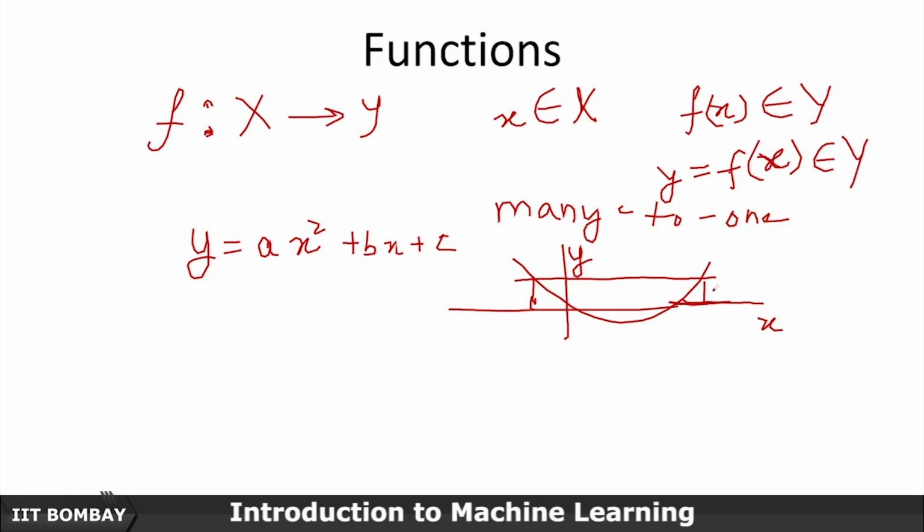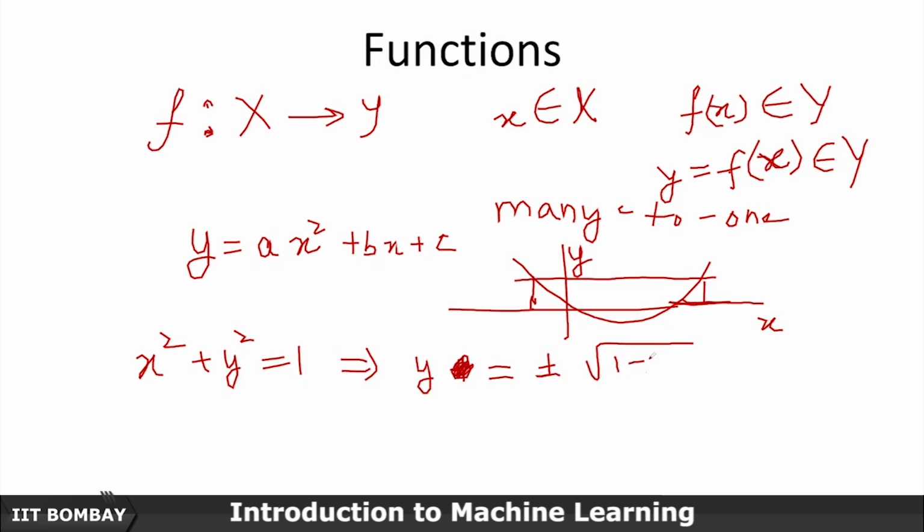But if you have something like x square plus y square is equal to 1, which means that y is equal to plus minus square root of 1 minus x square, now you have two values of y. So, this is not a function. A function has to have one unique value when you plug in x in it.